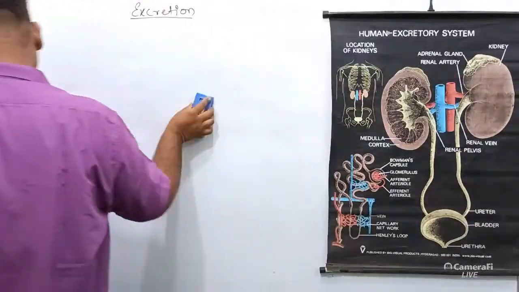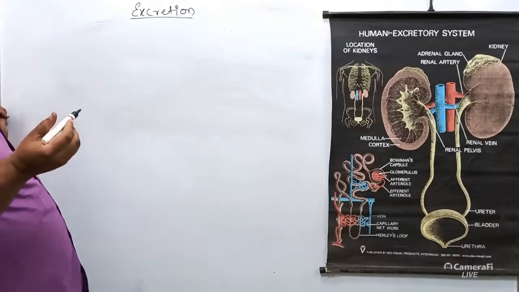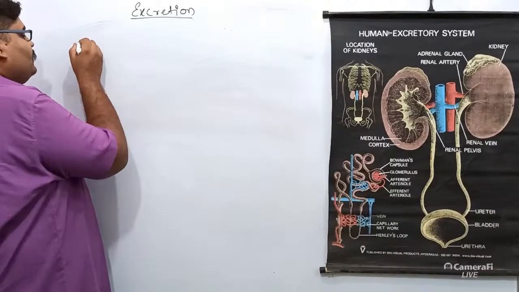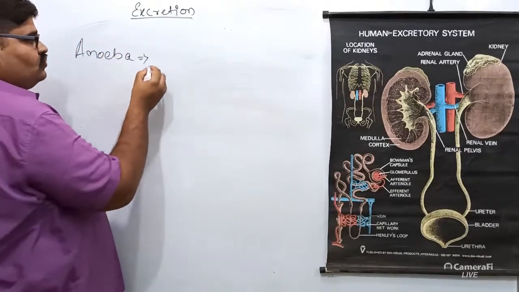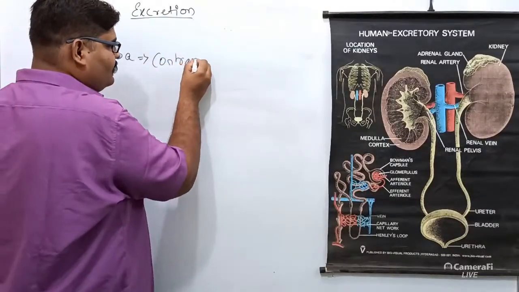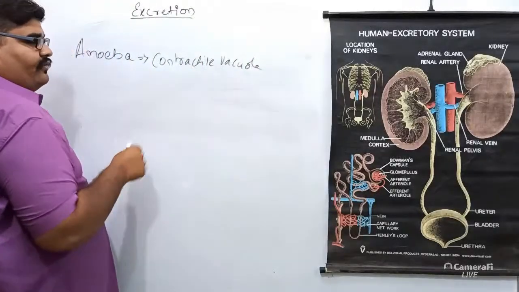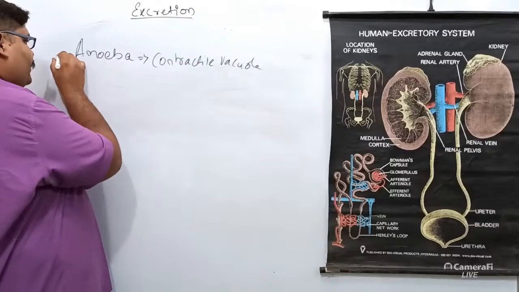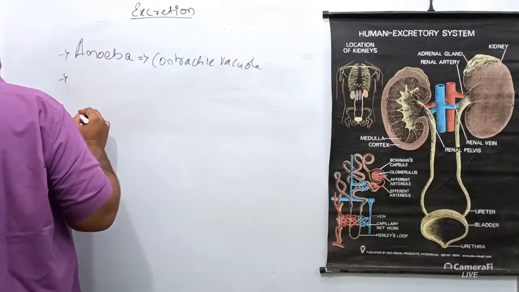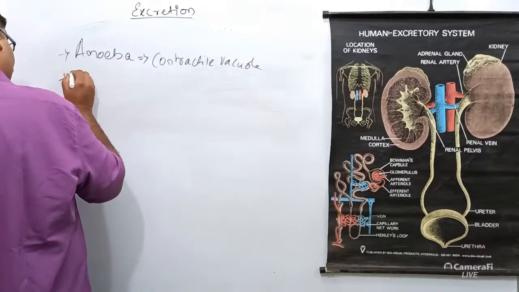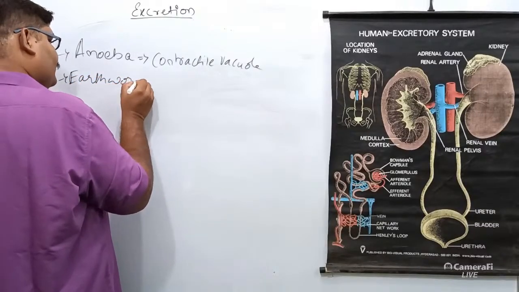In the process of excretion, we have organisms like amoeba. The excretion takes place through contractile vacuoles, that is by simple diffusion the waste product is thrown out of the body. Then through nephridia in animals like earthworm.